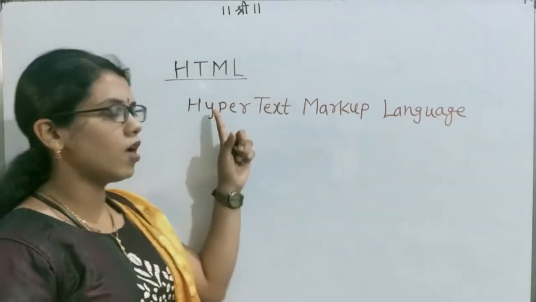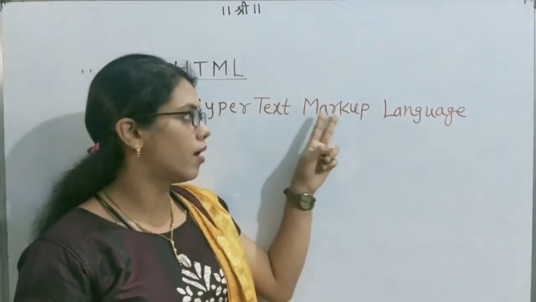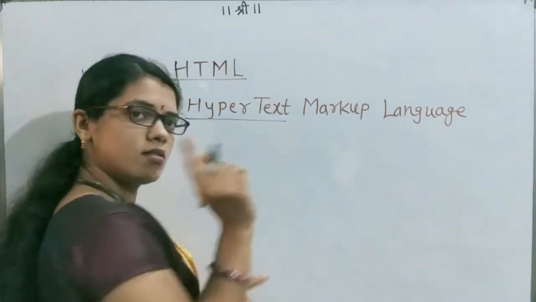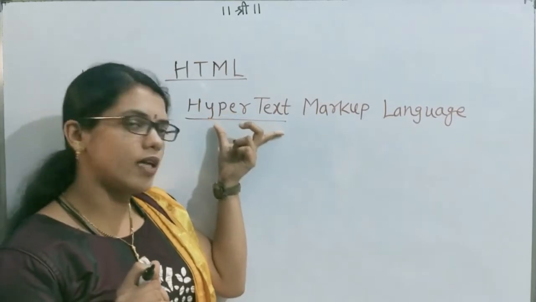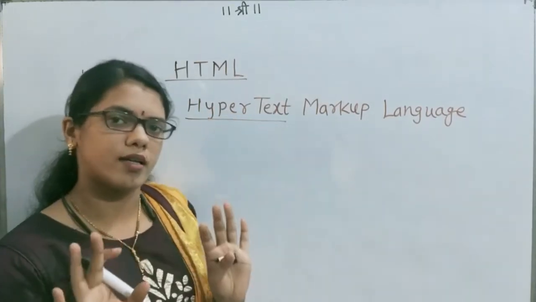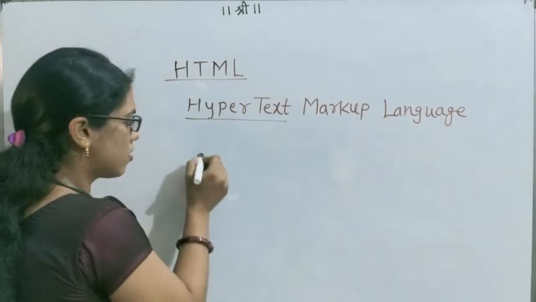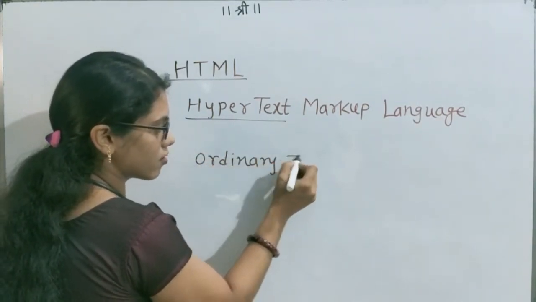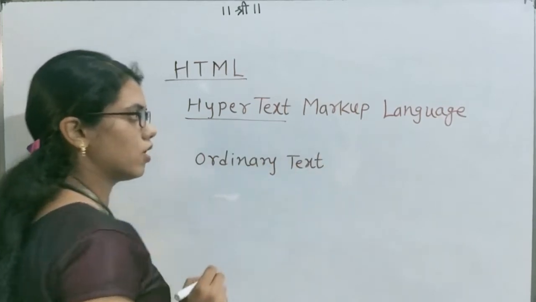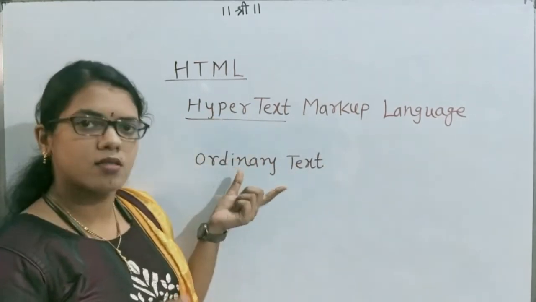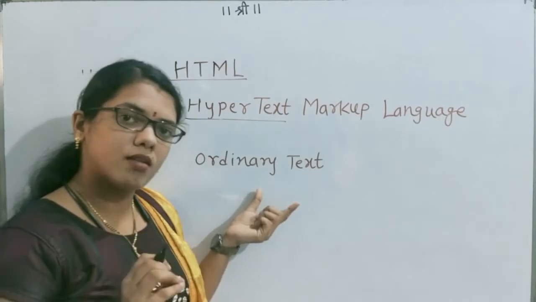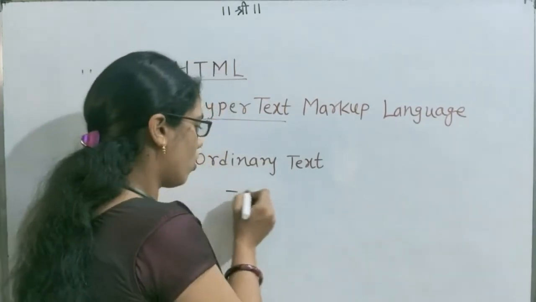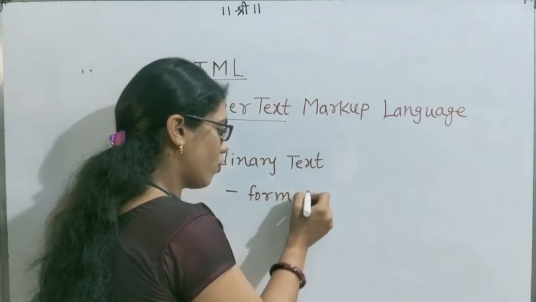See, hypertext is actually a single word, and the meaning of hypertext is simple text, basic text, just a standard word as an ordinary text. So hypertext means ordinary text, but that text has some capacity, some facilities of formatting. Formatting means what?